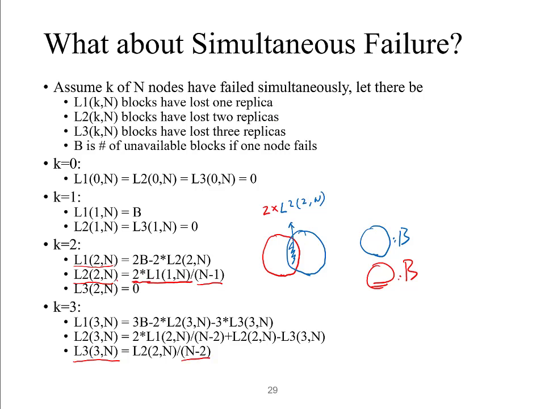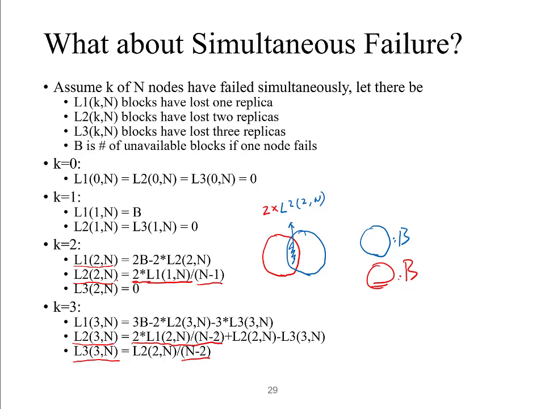So the expectation of L3 would be L2 of k equals 2 divided by n minus 2. And for L2 here, this part is clear. We have mentioned that before.